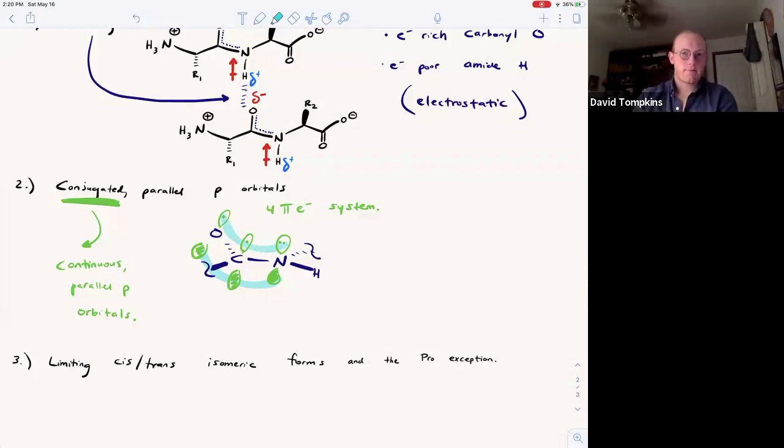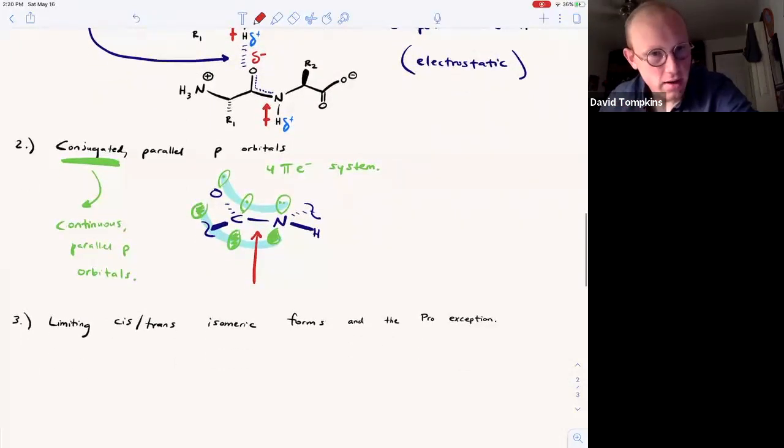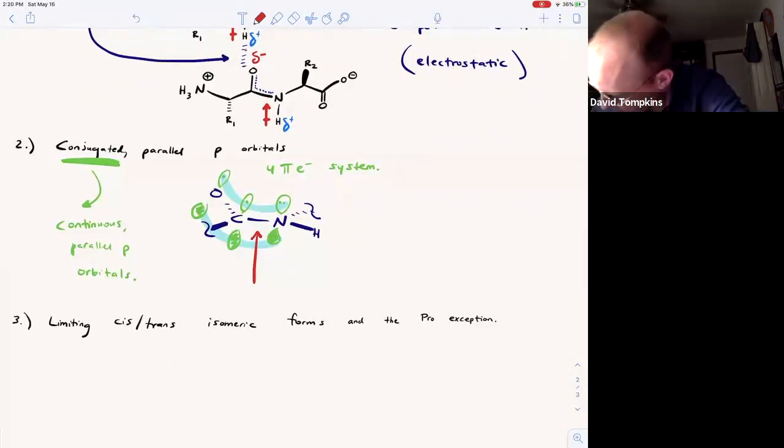And it requires a great input of energy to break that amide bond. That is why proteins are resistant to things like hydrolysis. It's a very stable C-N bond.